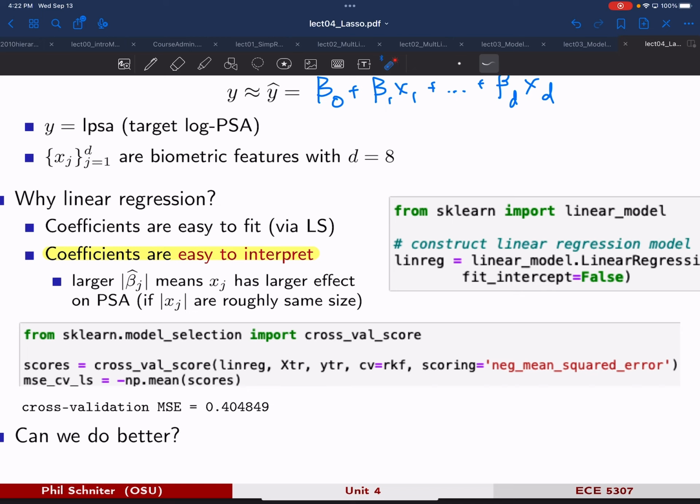Sometimes we've called it RSS. Sometimes we divided that RSS by n and we called it normalized RSS. We also realized that that was like the sample version of the test statistical MSE and so on. Essentially, we're using that. But now you might say, well, why is there this negative there? This is just a convention that within scikit-learn, all their scores are constructed so that the score gets larger when things are better.